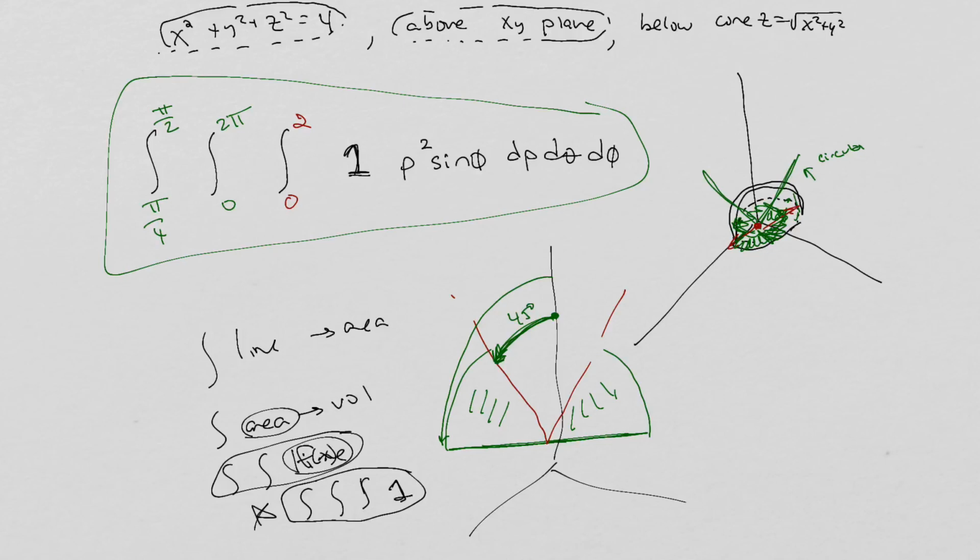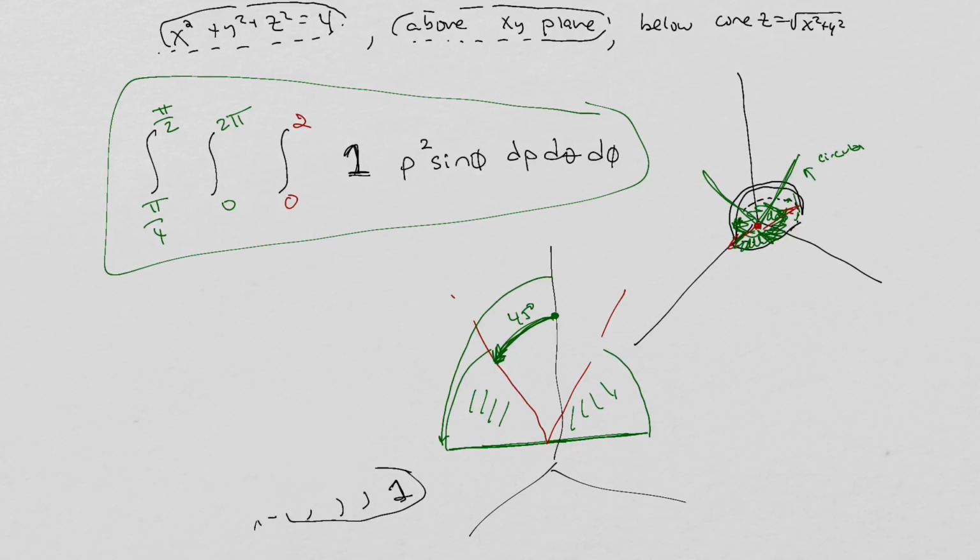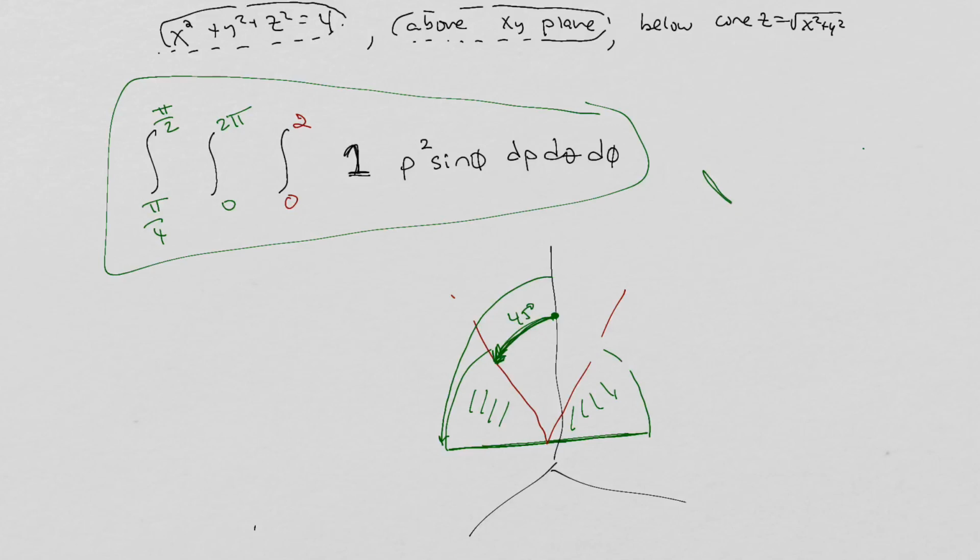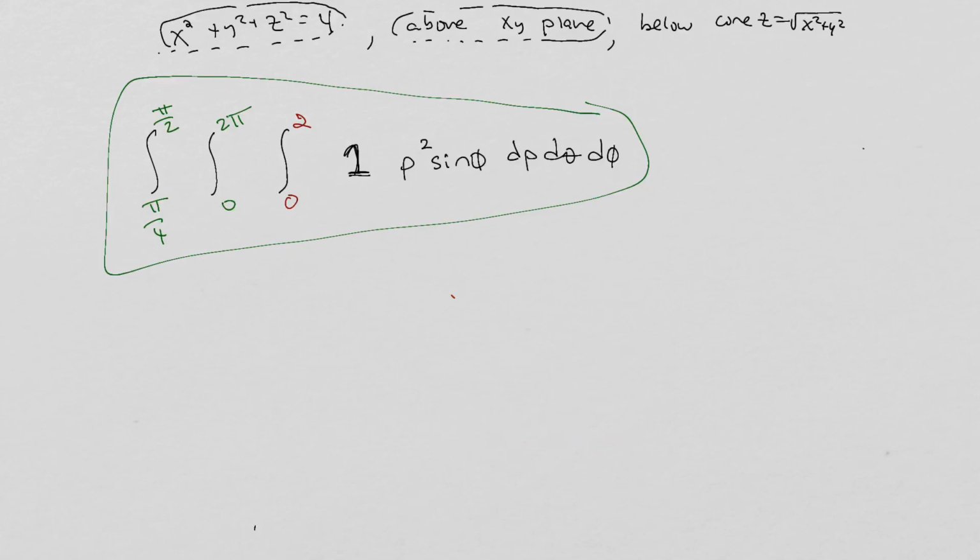Any other questions on how we came up with those bounds? You guys see how we got rho, theta, and phi? In this particular case, yes. If we tried to do it in the x, y, and z plane, we could have set up maybe a double integral.